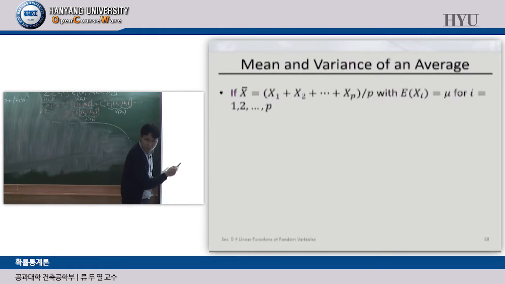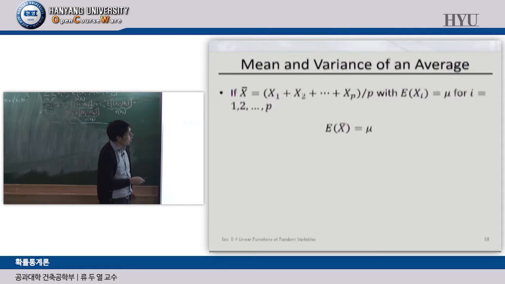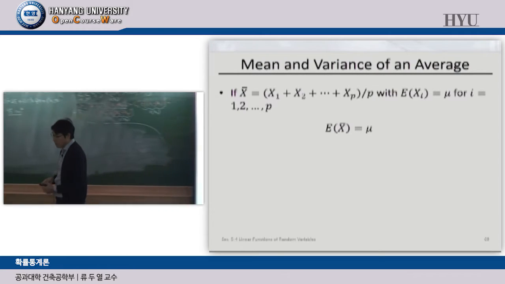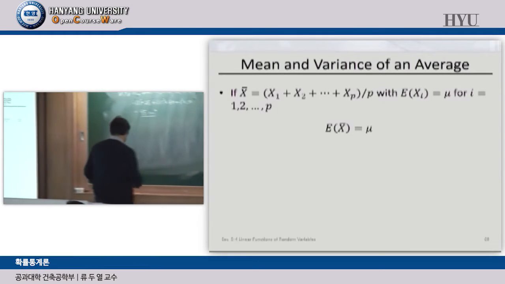So this is the average, okay? With the mean of xi equal to mu when i is from 1 to p, in that case, the mean of the average of x is equal to mu. And I'm going to verify this.